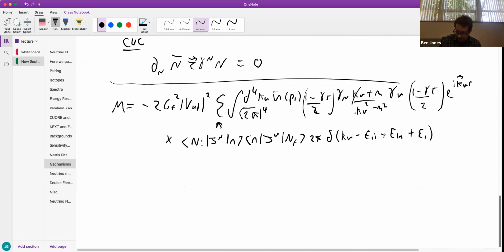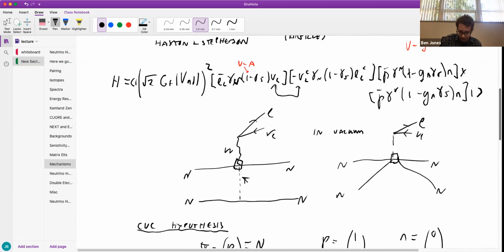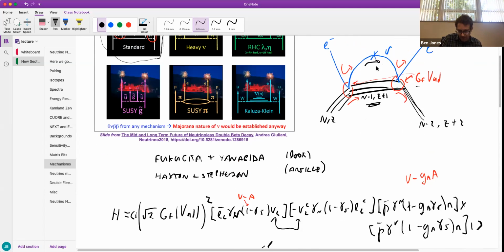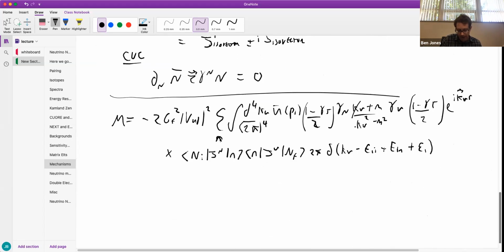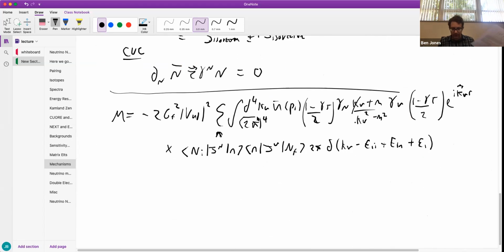k is the energy of the neutrino, which is in a loop. So you have to integrate over the four-momentum in that loop. There's the four-momentum integral. We have then spinors for, oh, I missed a u somewhere. This p1 and p2, p2 is over here. u of p1 and p2 are the spinors representing the emitted electrons.